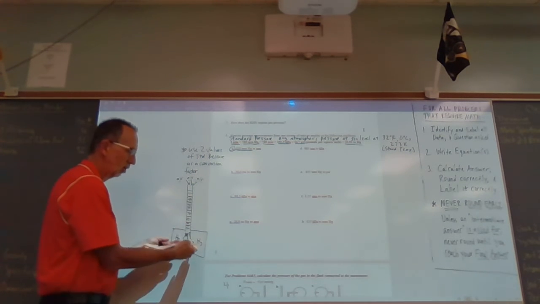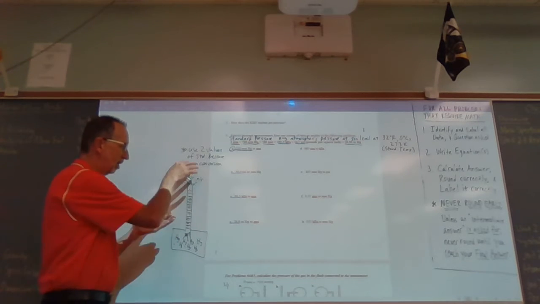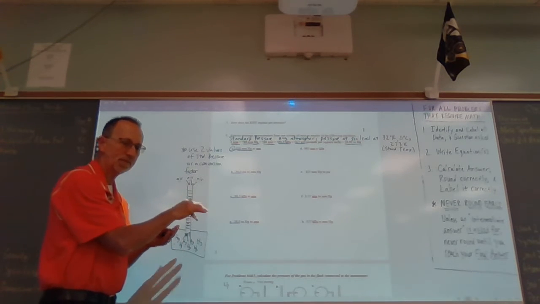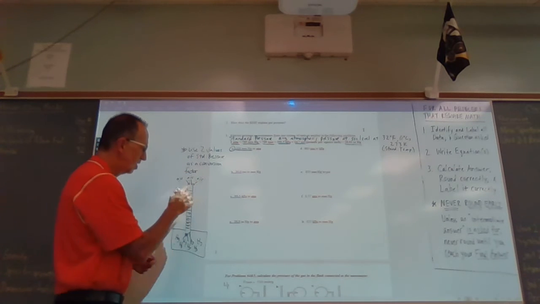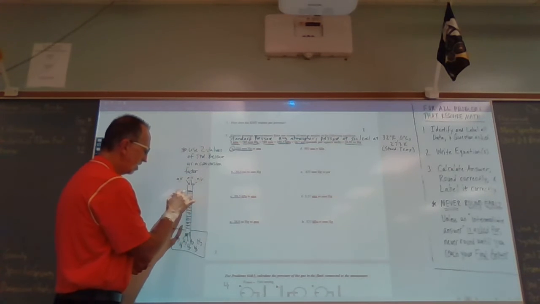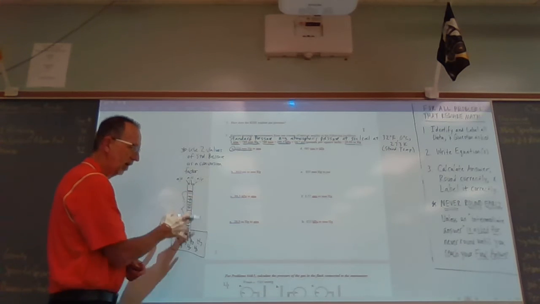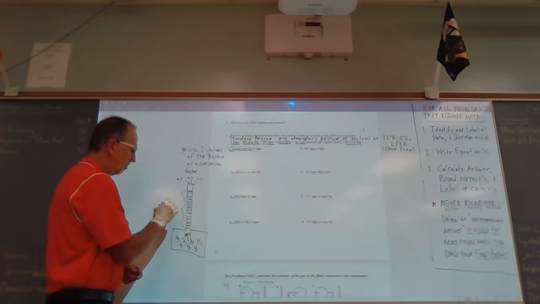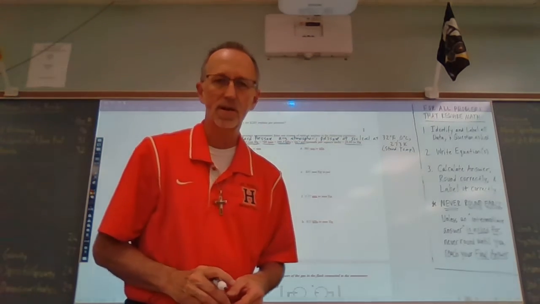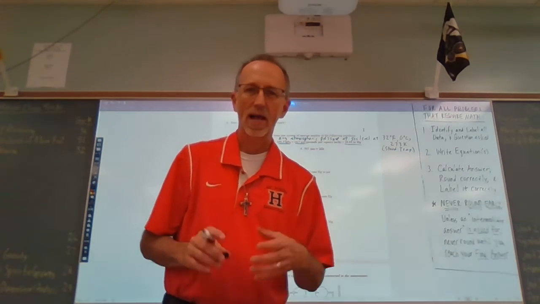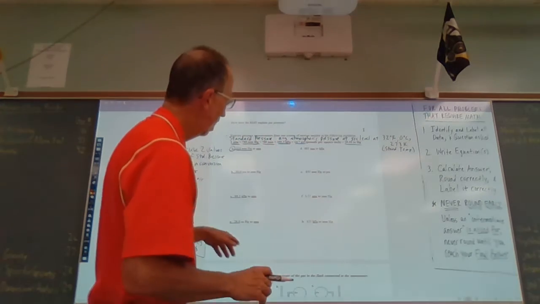So mercury's being lifted up from the bottom, but air particles are pushing down from the top. At sea level, standard temperature, the height of this mercury in this column is 760 millimeters. That's where the 760 millimeters of mercury measurement came from.